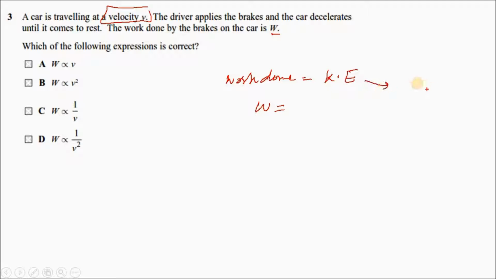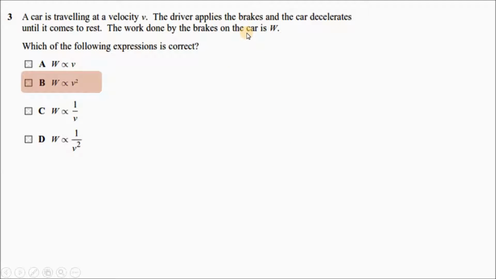In kinetic energy we have v square. So the work done equals half mv square, that means W is proportional to v square. So your option is B. Actually this expression is saying how much work is done by the brake in order to stop the car. So it depends on the square of the velocity rather than mass.